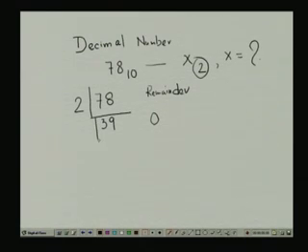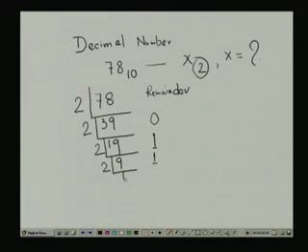Now, this is my quotient, and again I am dividing by 2. So, this is 19, and again my remainder is 1. Again I divide by 2: 9, remainder 1.